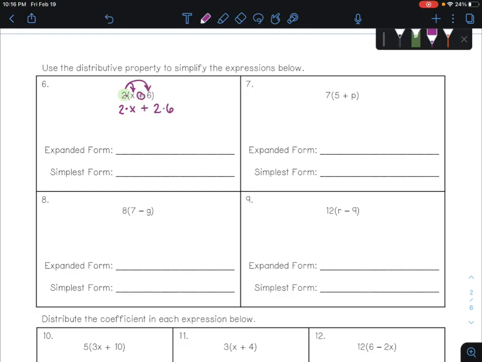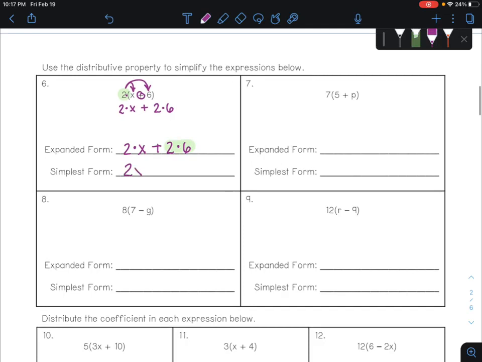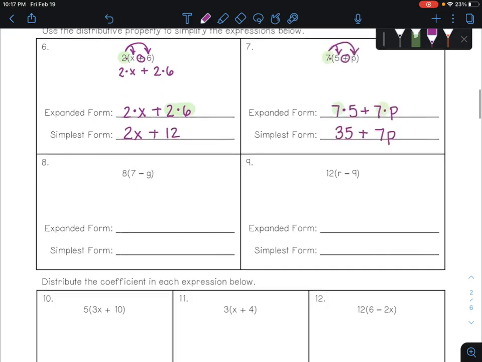Keep your plus sign in the middle. That's the expanded form. Simplest form is when you simplify this. So we can do 2x, we don't have to write the multiply, plus 12, since 2 times 6 is 12.